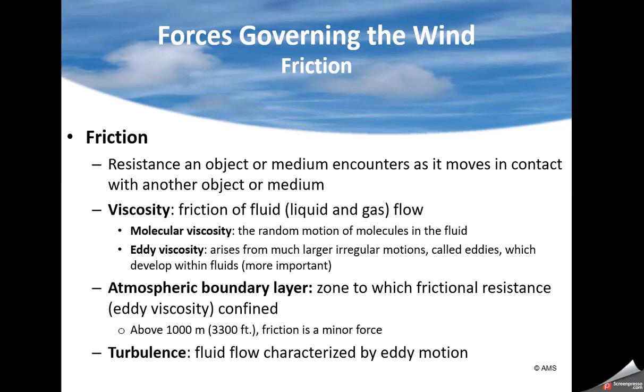So while most of the friction is going to occur in the first 3,000 to 4,000 feet, there's going to be some friction that occurs through turbulence higher up in the atmosphere. That friction is what makes your plane bump sometimes when you're flying along. That is turbulence. Turbulence is one of the hardest things to quantify. Matter of fact, it's one of the equations that we can't solve.